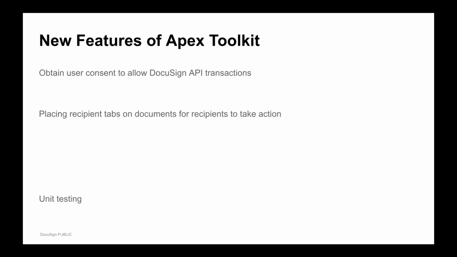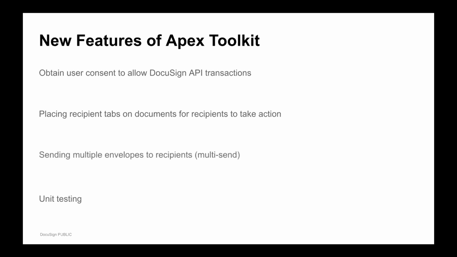And so you have a good general sense of where you would like to place those recipient tabs. So you can now use the Apex Toolkit to programmatically place those recipient tabs instead of having to manually place them via drag and drop for each of those documents.